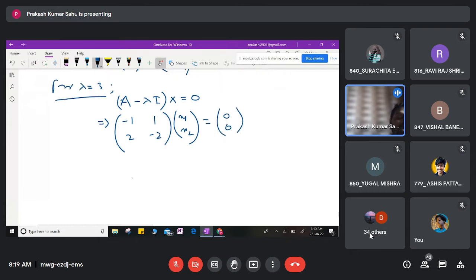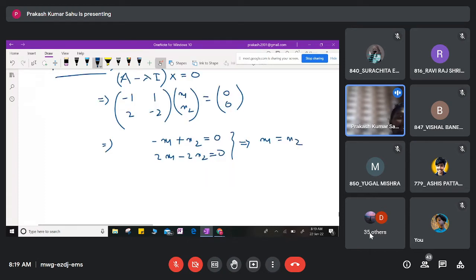The equations are minus x1 plus x2 is equal to 0, or 2x1 minus 2x2 is equal to 0, and both equations are the same. From them we get one condition, that is x1 is equal to x2.